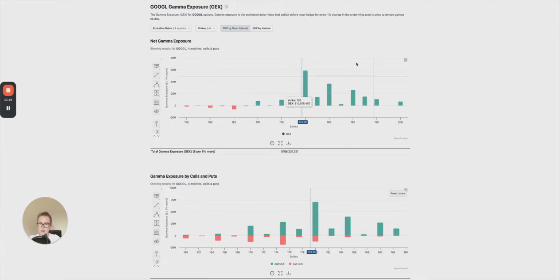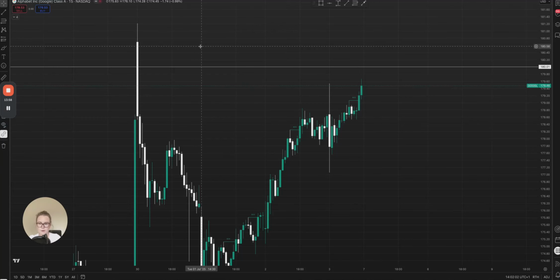Now, I mention this because this here tells me big resistance at Google at around 180. But that might not translate to exactly 180 in real time. I'm not going to expect price to hit 180 and then just reject. Most likely, we're going to start to see some stall and some rejection slightly above or slightly below. It's just around that strike.